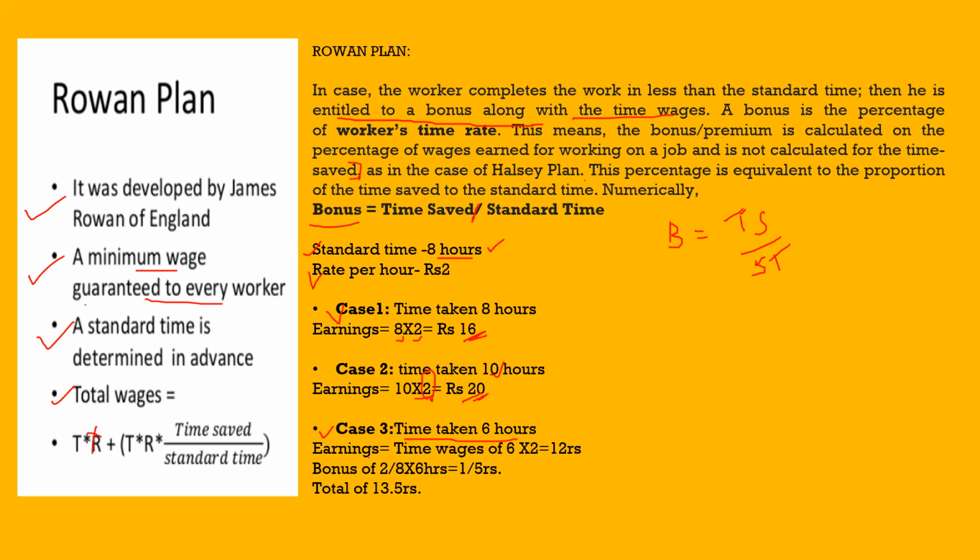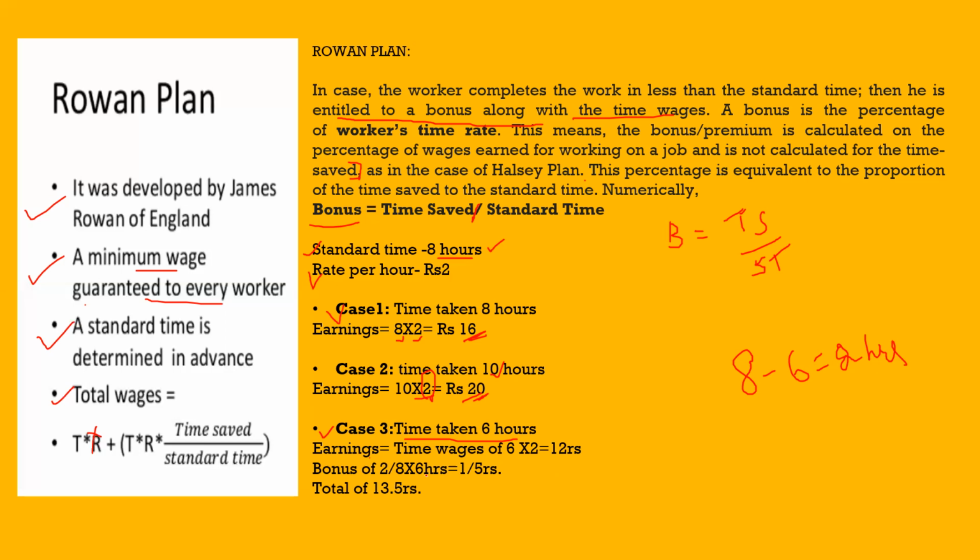So earnings is time wages of 6 hours into 2 rupees, 12 rupees. And what is the bonus? Bonus is based on time saved. How much time has been saved? 8 hours minus 6 hours, 2 hours has been saved. Okay, 2 hours is the time saved, divided by 8 hours, the standard time, right?